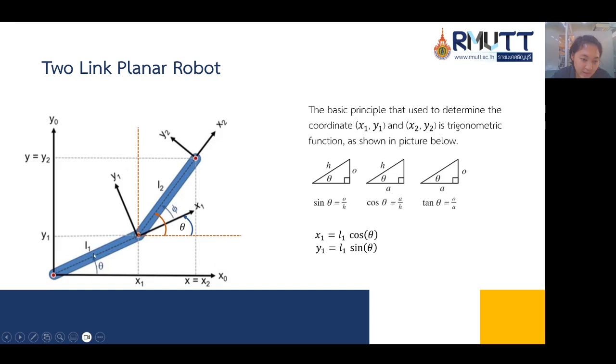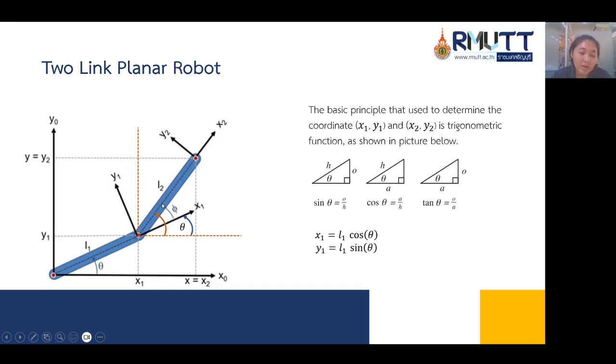So in this first arm, in this first link, there is a degree of freedom. The name is theta. This is the degree of freedom measured from the zero on the x-axis toward the end of link 1. And then here for the second link, there is also a degree of freedom. The name is phi.